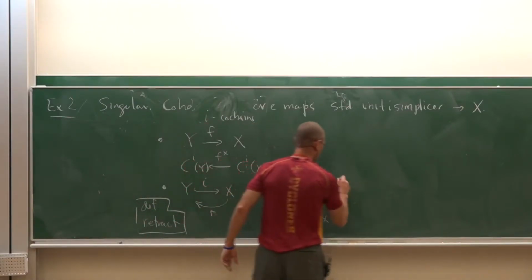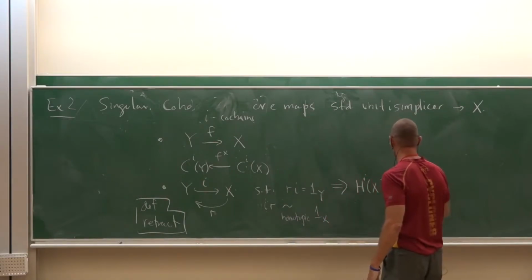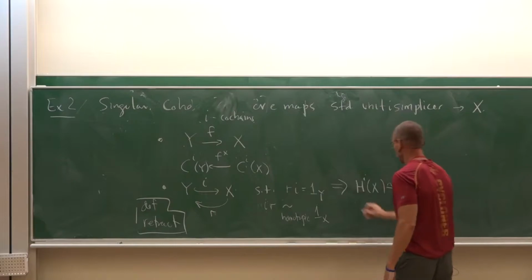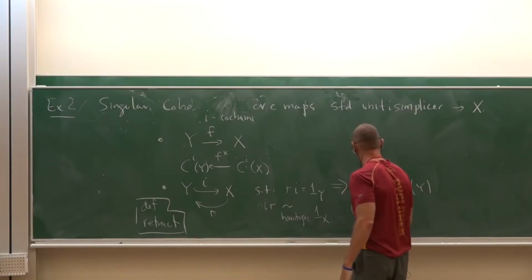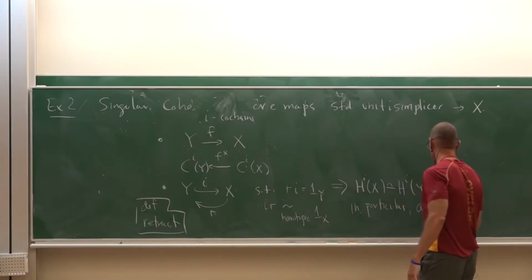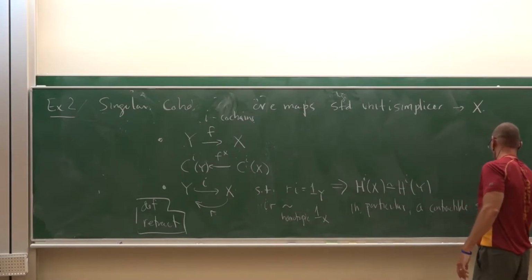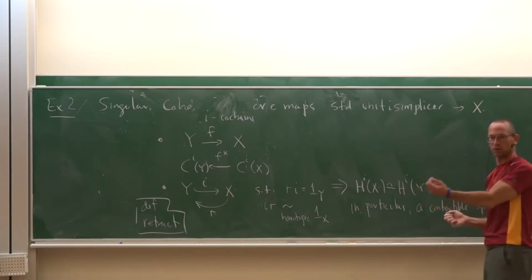Then Hi of X is isomorphic to Hi of Y. In particular, consider a contractible space. So what does contractible mean? It means there's a deformation retract to a point.